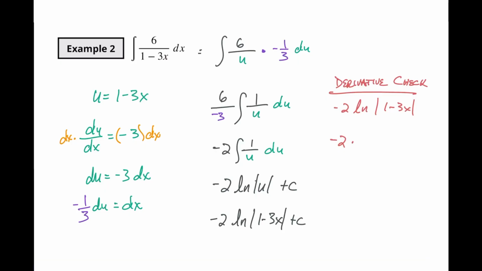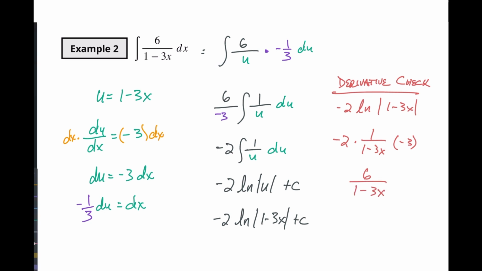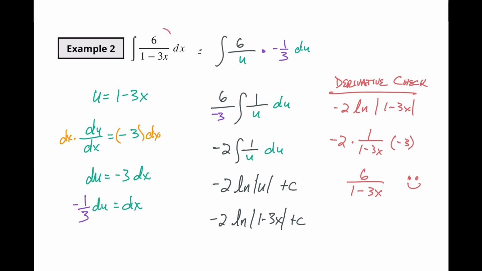So we're going to multiply that by 1 over 1 minus 3x times the derivative of the inside. Well, the derivative of the inside is just going to be times negative 3. So now as we simplify, negative 3 times negative 2 is 6. That's going to be 6 over 1 minus 3x. And we have matched what we have up here in our original problem.